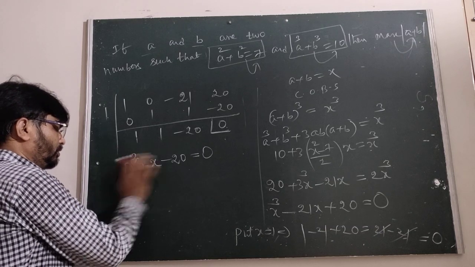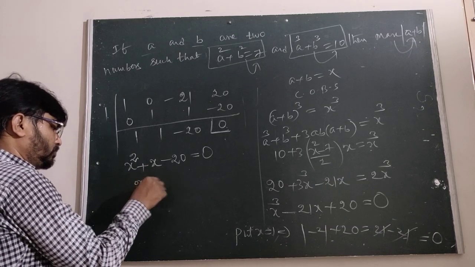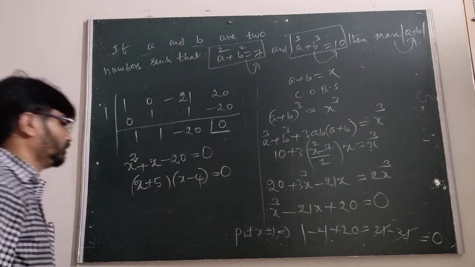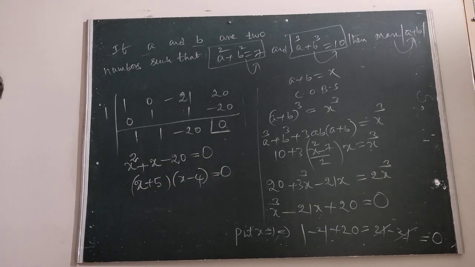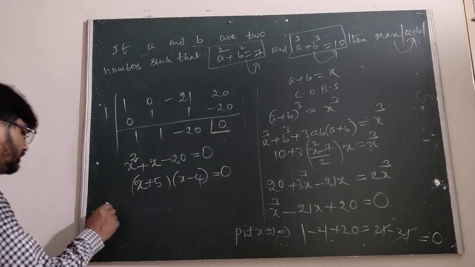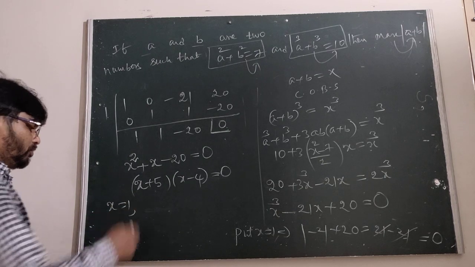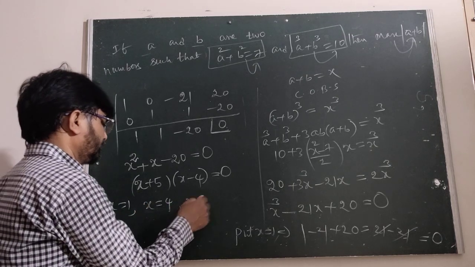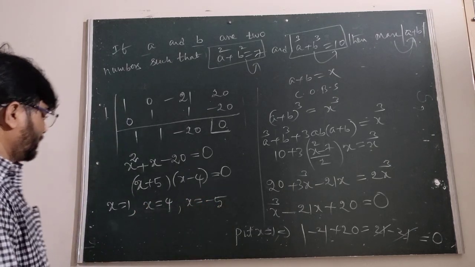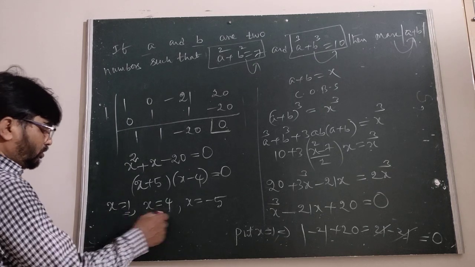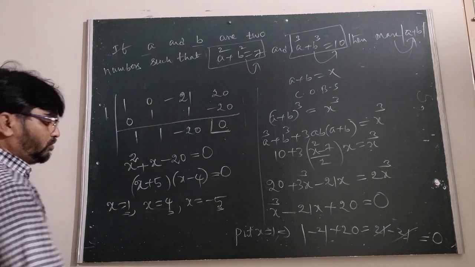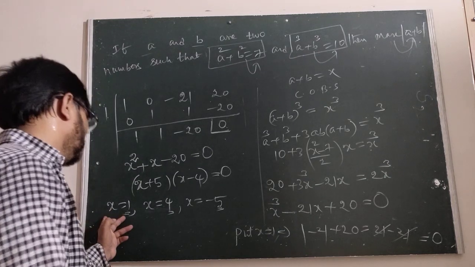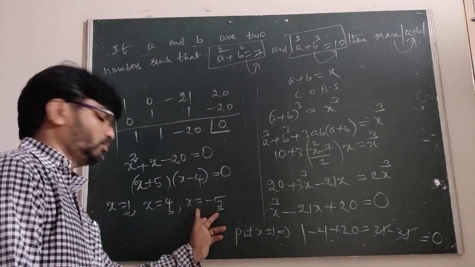Now we can write the factors X plus 5 into X minus 4 equal to 0. Therefore X equal to 1, X equal to 4 and X equal to minus 5.